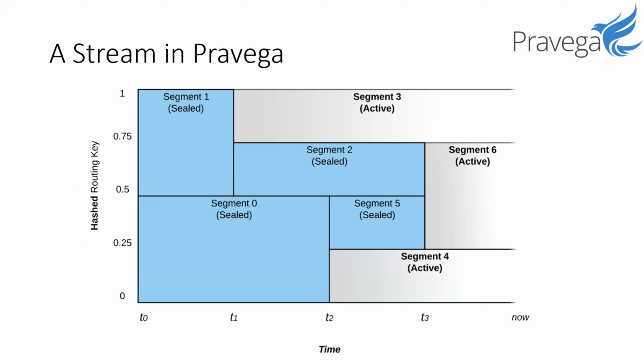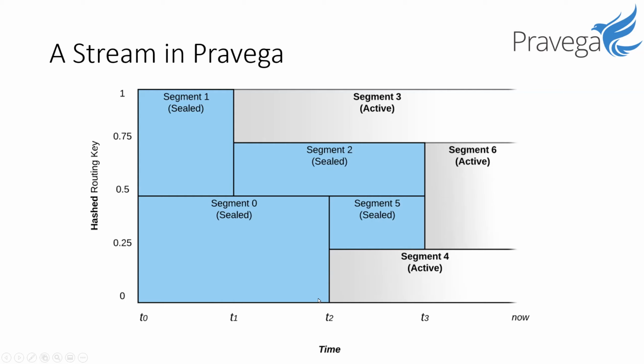A stream looks like this in Provenca. On the vertical axis, we have the hashed routing key space, like a float between 0 and 1, and then we have epochs in time on the horizontal axis. Maybe we start out with 2 segments, and as we hit epoch T1, traffic increases in 1 segment, so that segment splits into 2 segments.